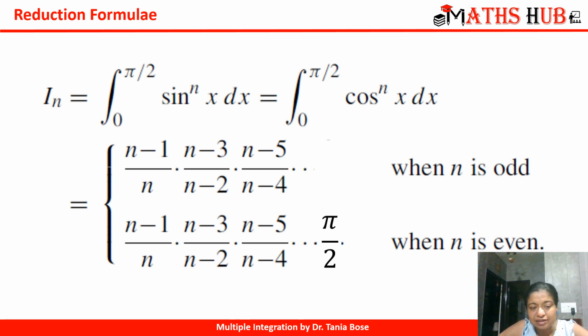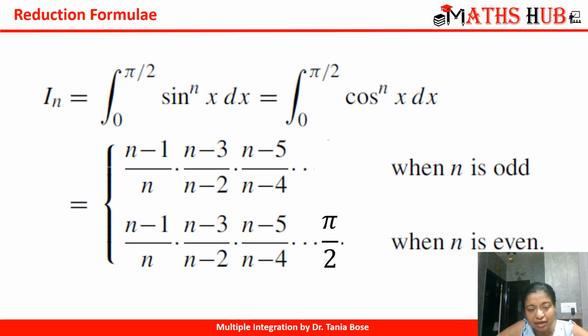Now, for the exponent in the numerator, we will subtract all the odd terms like n minus 1, n minus 3, n minus 5, and this process will continue until we receive 0 or negative, right? The moment we receive 0 or negative, we stop there.